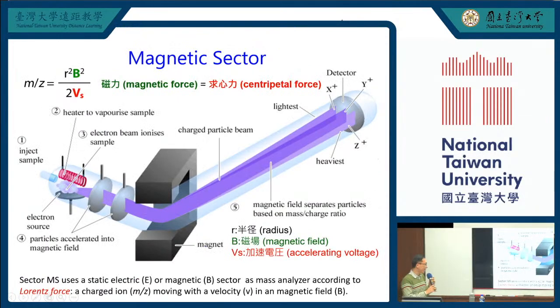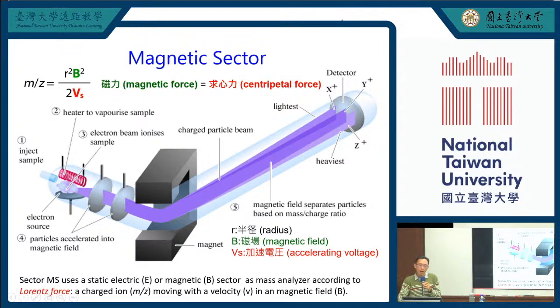The magnetic sector uses a static electric or magnetic sector as the mass analyzer, according to the Lorentz force. You may remember the Lorentz force from high school physics. It's very easy. Ions are affected by a magnetic field or electric field, right?